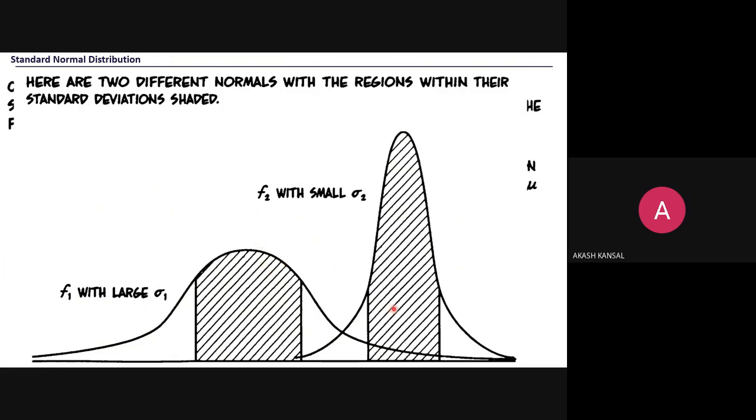And if the sigma is small, then the peak has to be higher. You can take these as standard things. If you are given standard curves or probability density functions, then from the plot itself you can say that for this curve we have a very large standard deviation, and for this curve we have a small standard deviation. Moving on.